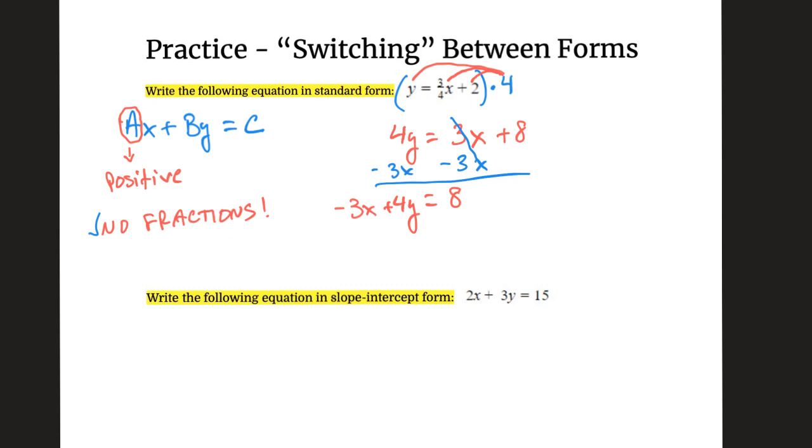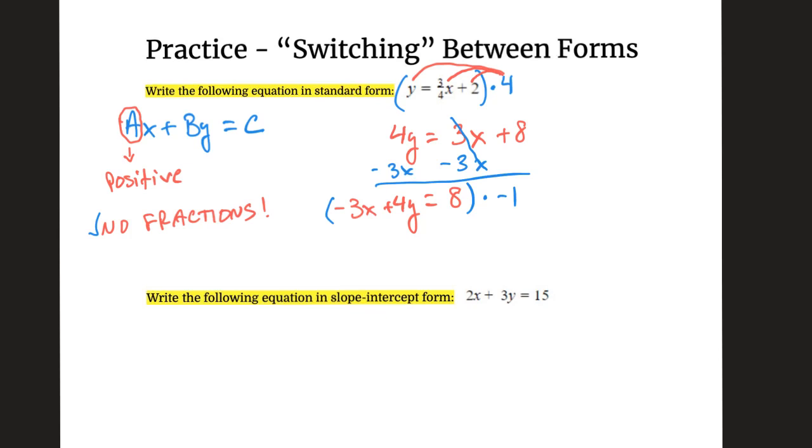And now I'm almost there, because I have one final thing. I need to make sure that my a value is positive. Right now it's negative. So how do I do that? Well, I'm just going to multiply the entire equation by -1. What this does is you flip all of your signs.